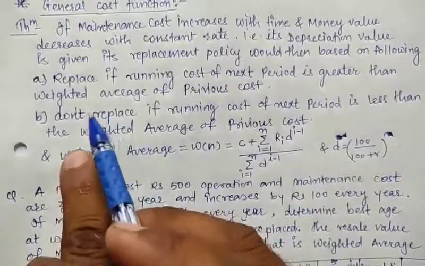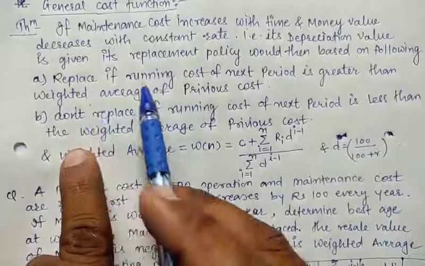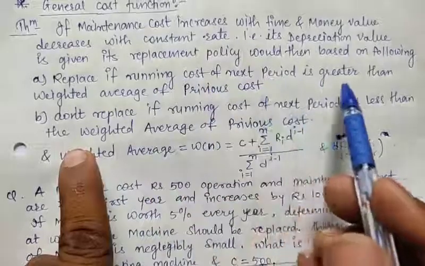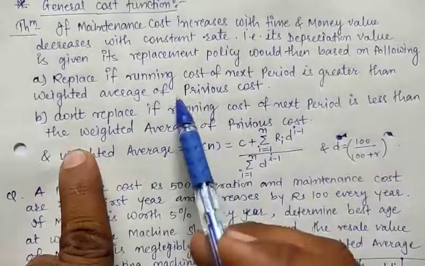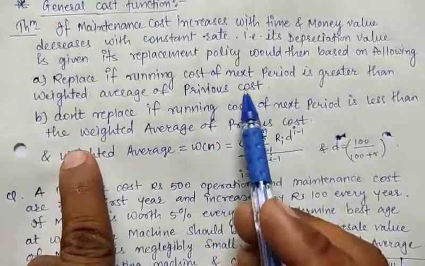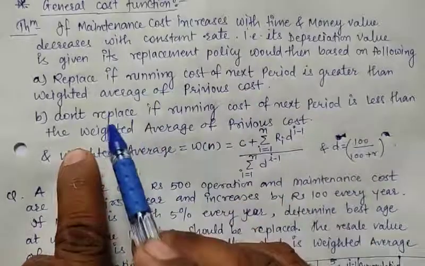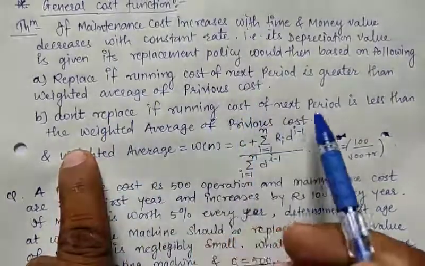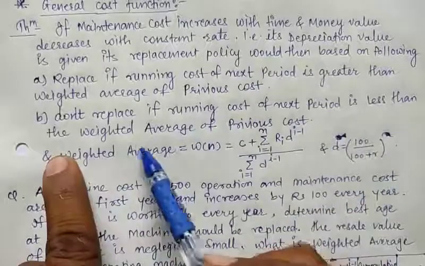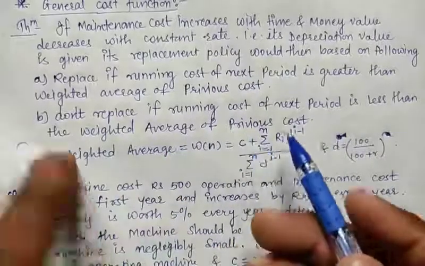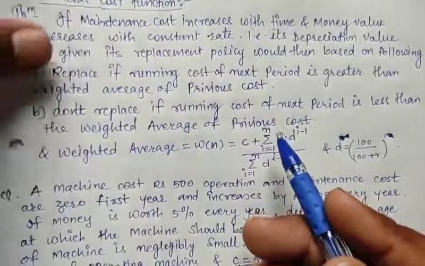When should we replace the machine? Replace if the running cost of the next period is greater than the weighted average cost of previous cost, and don't replace the machine if the running cost of the next period is less than the weighted average cost of previous cost. Now we'll see the example.